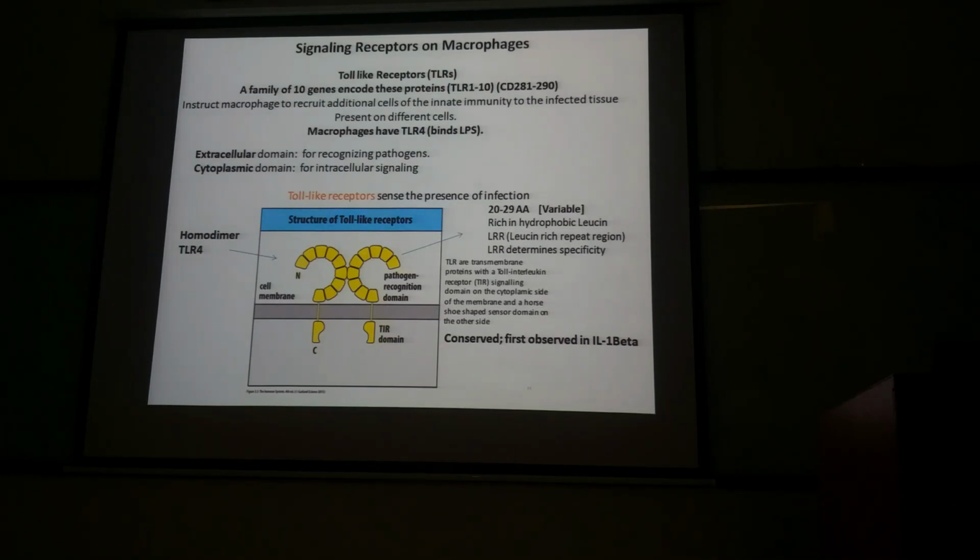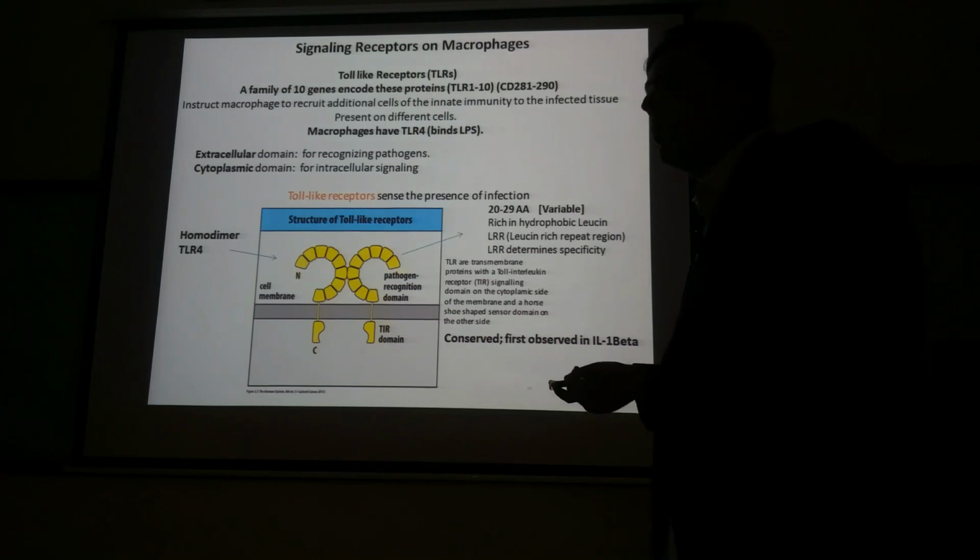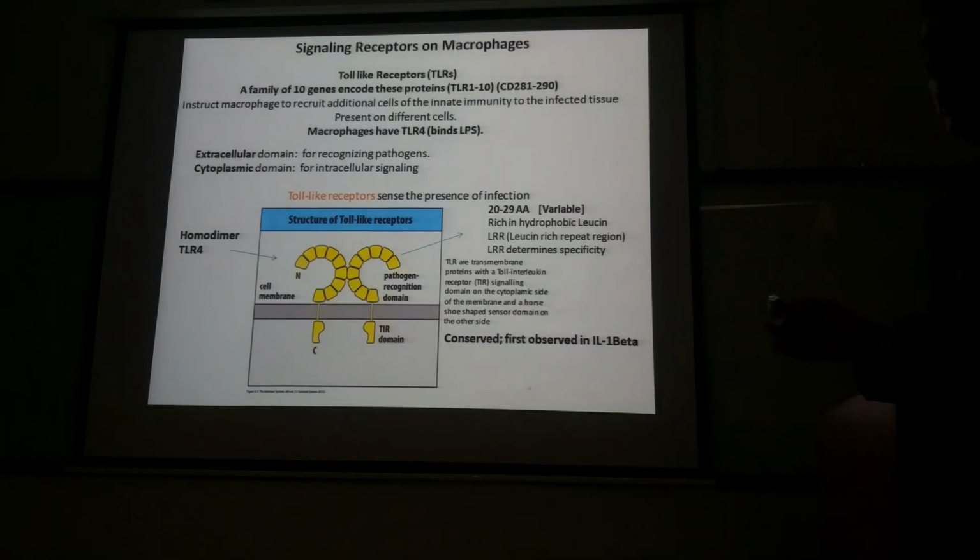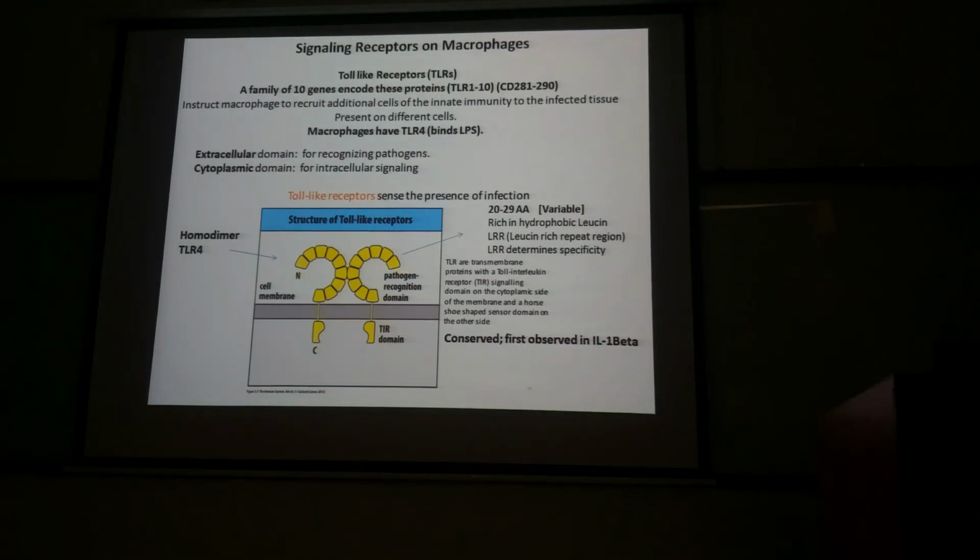And I told you why it is called TIR, because this was first observed in the case of interleukin-1 beta receptors, which is a very powerful inflammatory cytokine.